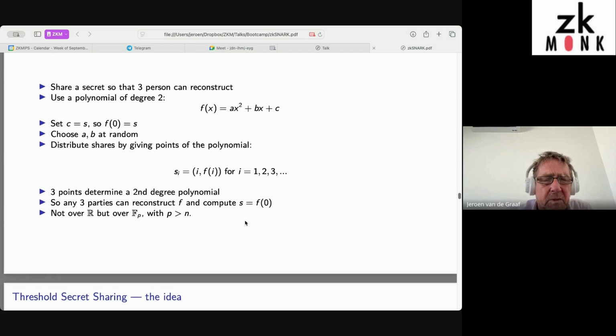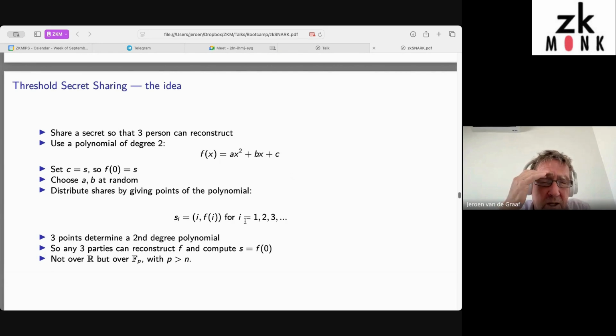But there is one detail here: you cannot do this over the real numbers, because over the real numbers you cannot even define properly what this probability distribution is. But you can do it over some finite field, modulo a prime number, where you must make sure that the prime number is bigger than the number of participants, because otherwise you don't have enough values to give out the shares. But that's sort of trivial.